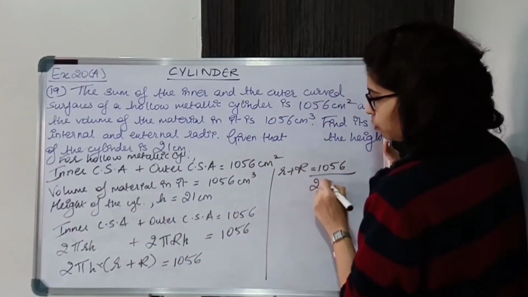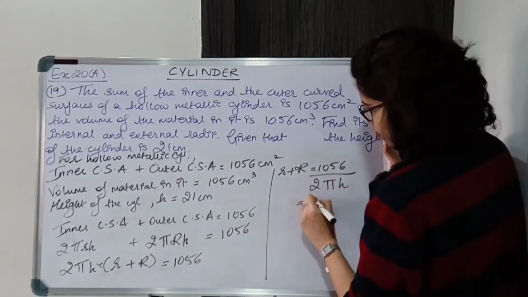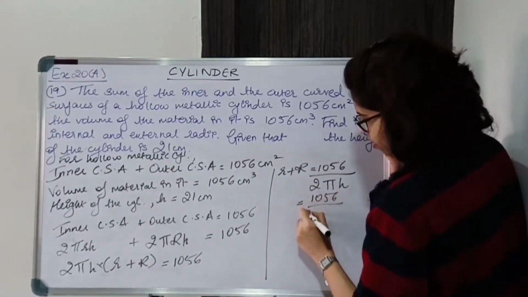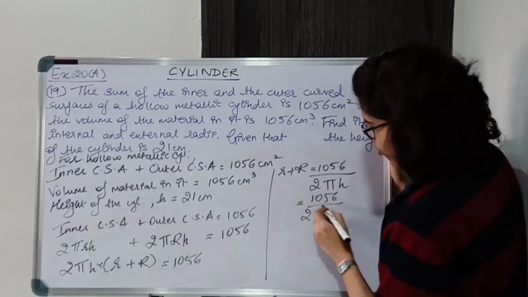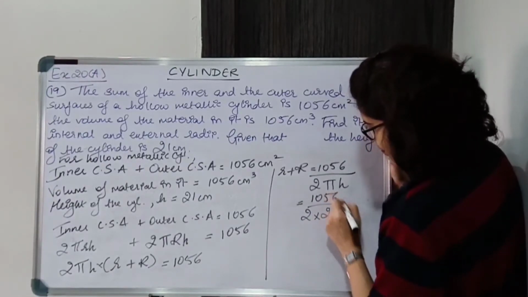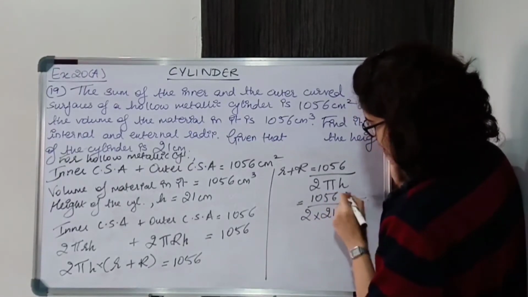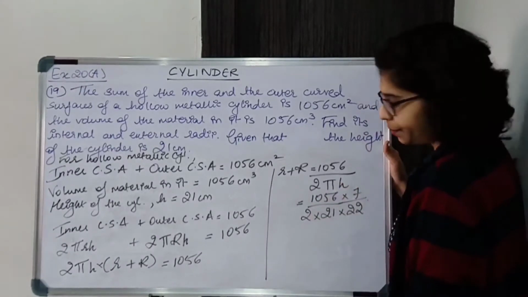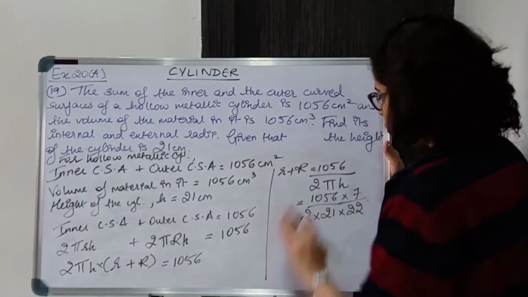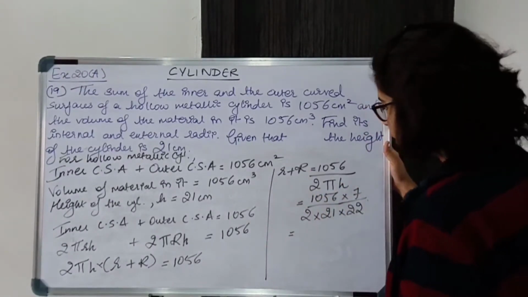So 2 pi h, so 1056 upon 2 into h is 21 into pi is 22 upon 7, so this 7 will go in the numerator. Now we'll cancel out, okay.